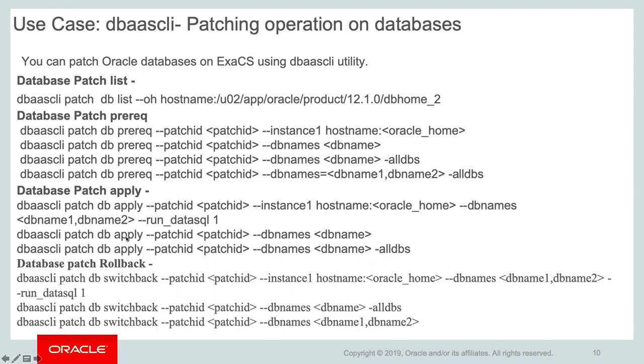It also provides rollback operations, which are renamed as switchback in Diva CLI, and you would be able to roll back the applied patches from your environment using this switchback operation. We are not going to talk more about this because I have already covered this topic under patching for the ExaCS topic. So you can go into that and understand more if you are interested.